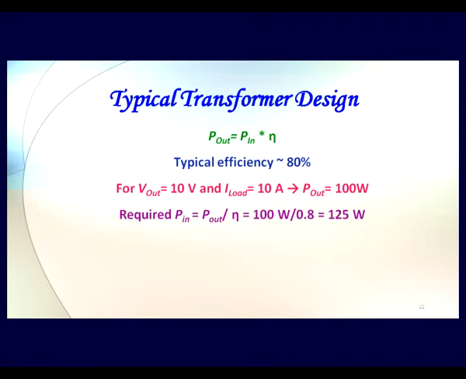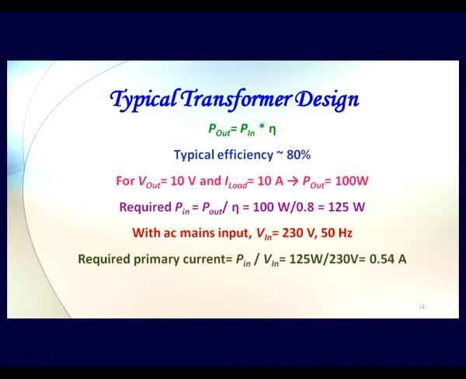Now, if we consider 80% efficiency, then we require to provide a power of 100 watt upon 0.8, that is 125 watts at the input of the transformer primary. With AC mains input of 230 volts, the required primary current will be P in upon V in, that is 125 watt upon 230 volts, which is approximately 0.54 ampere or 540 milliampere.